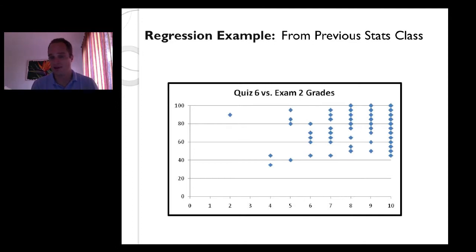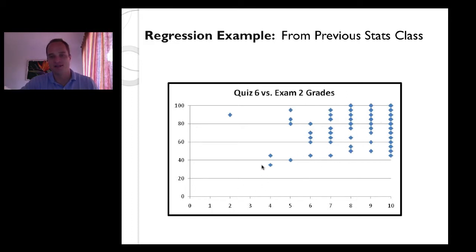And it's not perfect. Of course, you can see this person who scored a 2 on the quiz scored probably a 90 on Exam 2. So that person did fine without performing well on the quiz.